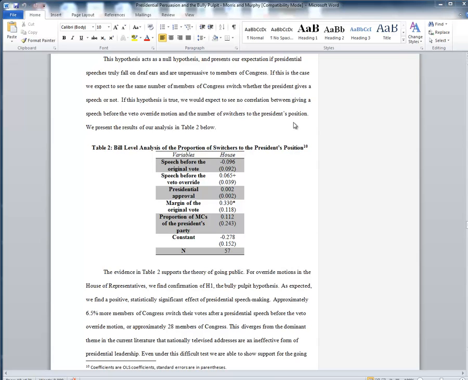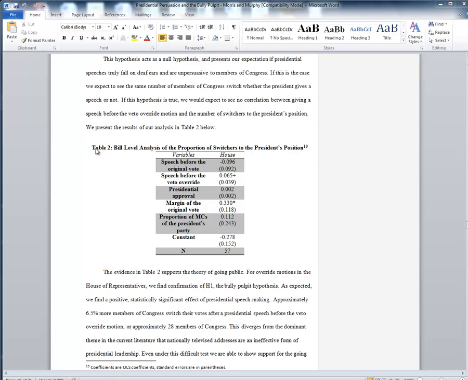When do members of Congress vote, let's say, yes on the initial passage vote and no on the override? When do they switch their votes? Because that's going to show a change in behavior. So our argument in this paper is that presidential speeches cause members of Congress to change their opinion. If the president speaks, more members of Congress are likely to switch their vote to the president's side.